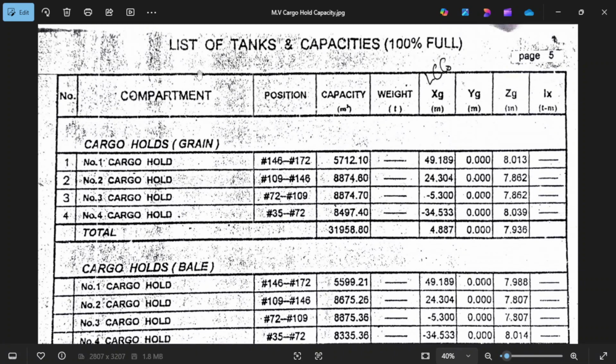This is the capacity plan of the MV Nara. So the total capacity for all cargo holds is 31,958.